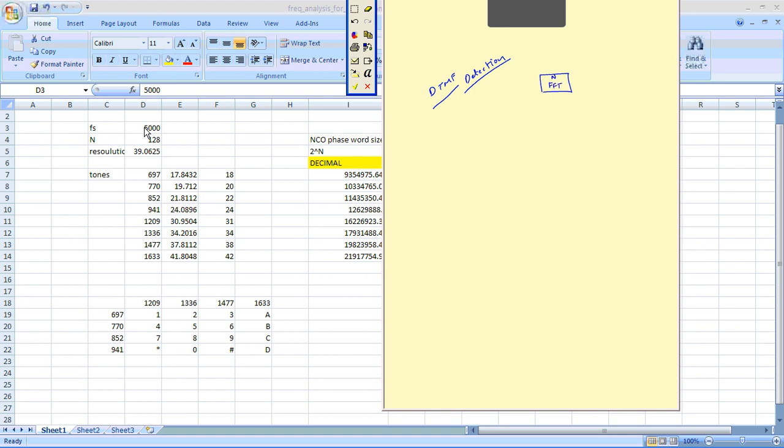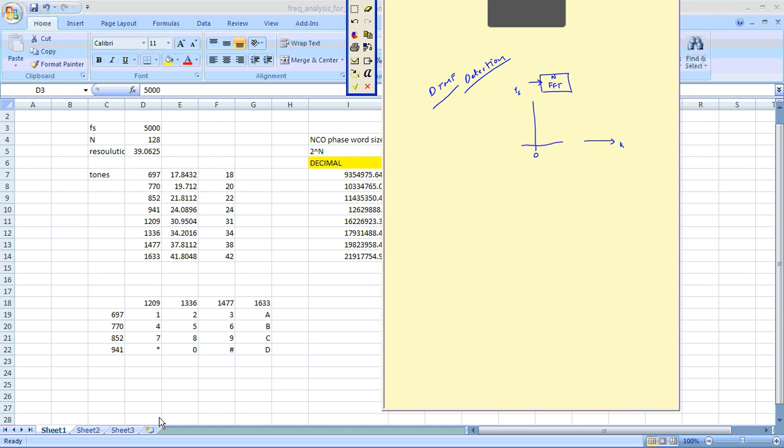If you are talking about an N-point FFT, let's say the inputs are coming at a sampling rate of Fs. Then the N points in the frequency domain are separated by Fs by N. Let's say this is your frequency bin 0; this is the frequency domain, so k is the frequency domain index.